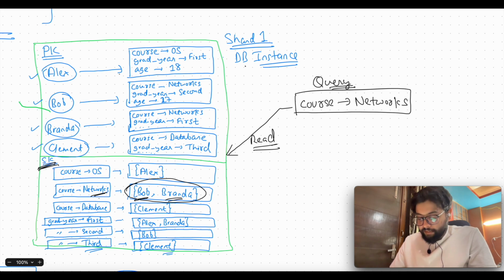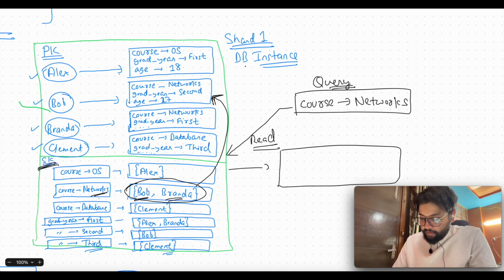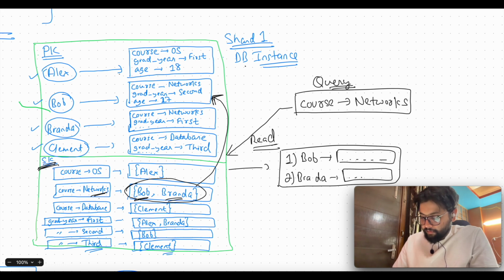For Bob and Branda, it will fetch the entire details. So from this instance we have two results, Bob along with the rest of the metadata, and Branda along with the rest of the metadata. This was the first result set, or we can call it RS1.